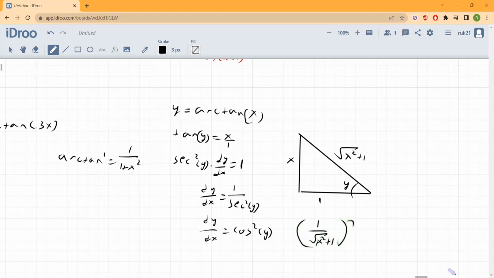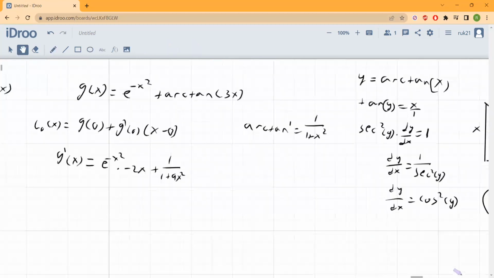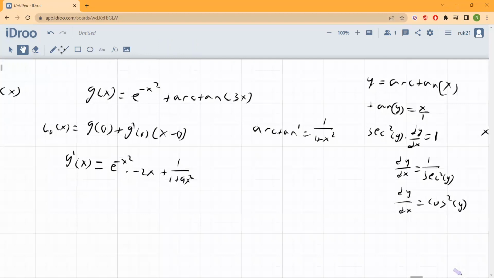If you square that, the square cancels out on the bottom, giving us 1 over x squared plus 1. And there you go, that's how we get the derivative of arctan. So again, if we go back, it's 1 over 1 plus 9x squared, because we're squaring the 3x, and then we can't forget the chain rule, so times 3.